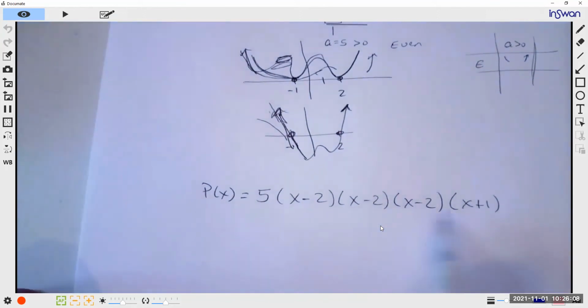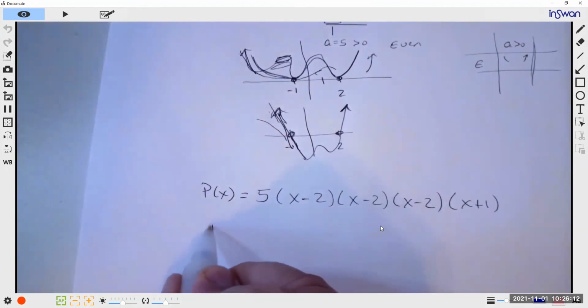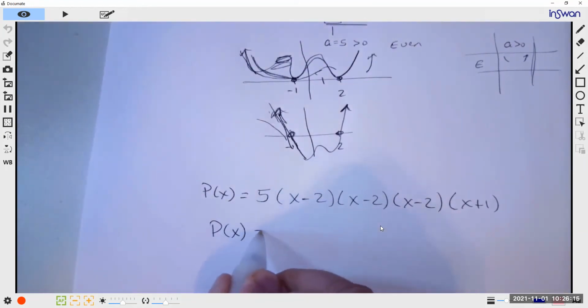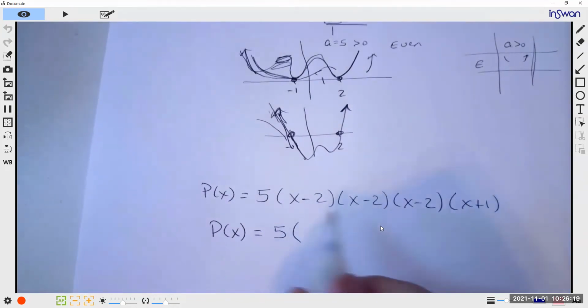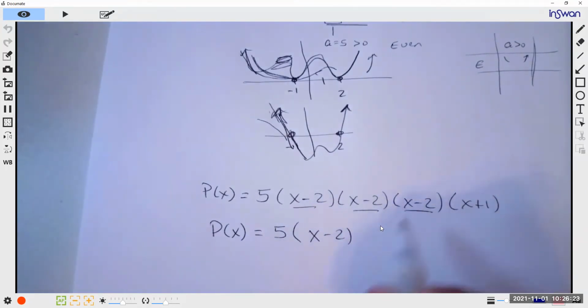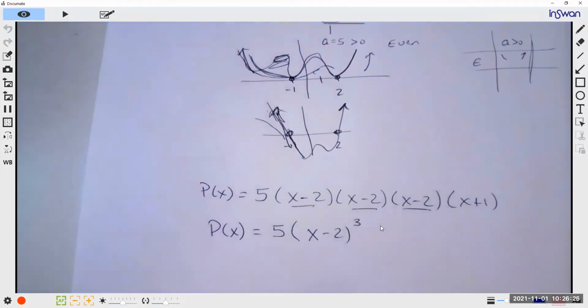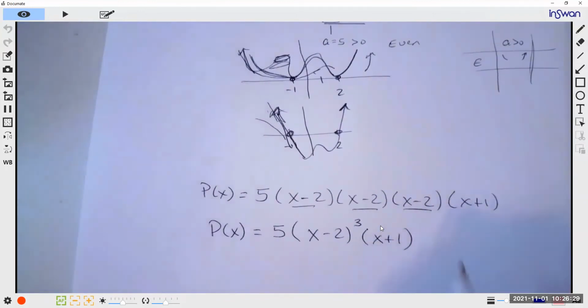Can we rewrite this equation so it's shorter? Yes. Since we have 1, 2, 3 x minus 2s, and when we have 1 x plus 1.